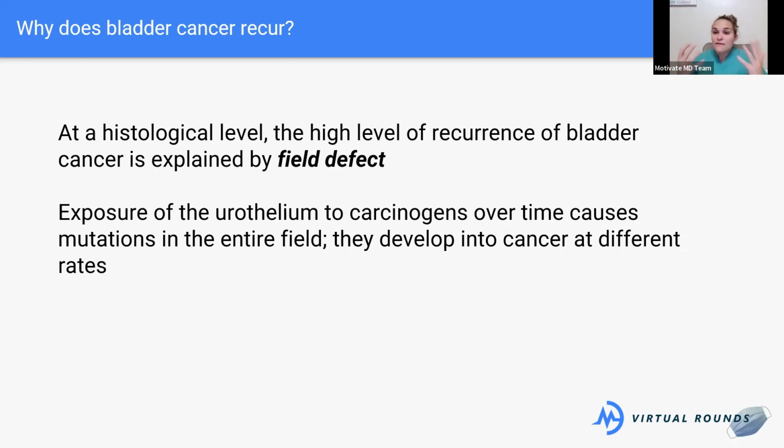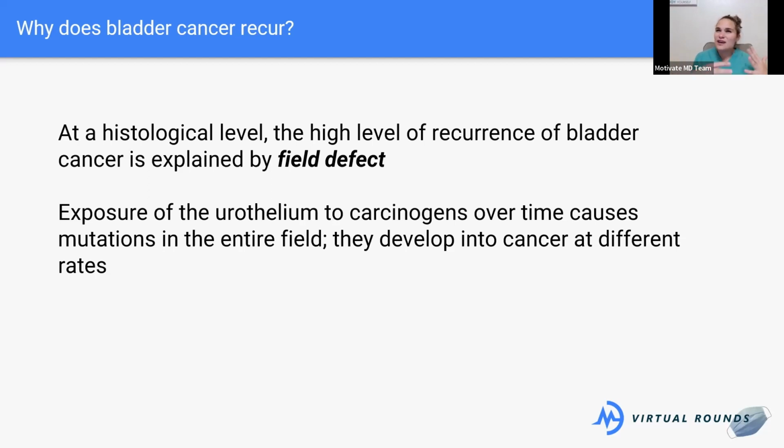That's what's called a field defect. The mutations don't necessarily have to be just in the area where you had that first tumor. You might have more mutations in different areas that have not progressed enough and have not formed a cancer yet. So this is why a lot of times patients will have a tumor pop up, you treat it, and then years later, they have another tumor pop up. So that's why it's really important to do surveillance with cystoscopies.